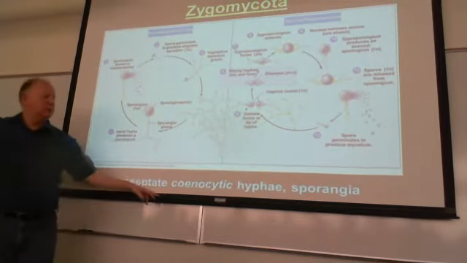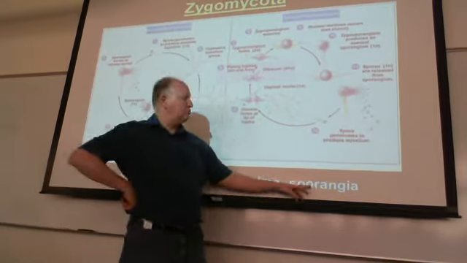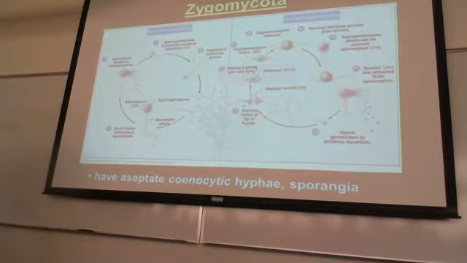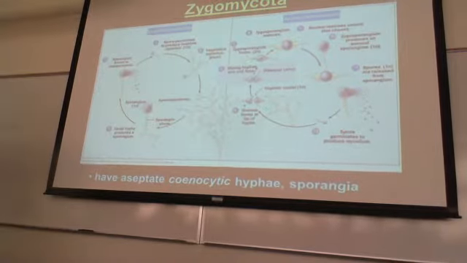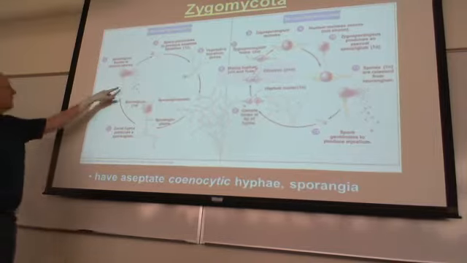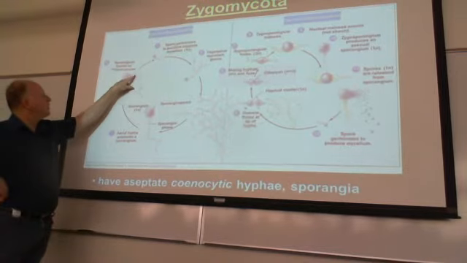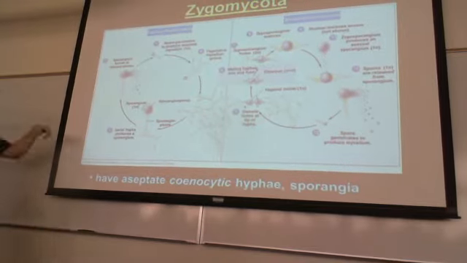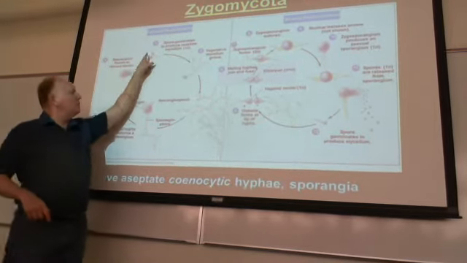Remember those terms? And they produce sporangia. Okay, so spores in a sporangium suspended at the end of a sporangiophore. Here's your sporangiophore, here's your sporangium, and all the sporangiospores inside. So a single spore lands somewhere, grows by mitosis.